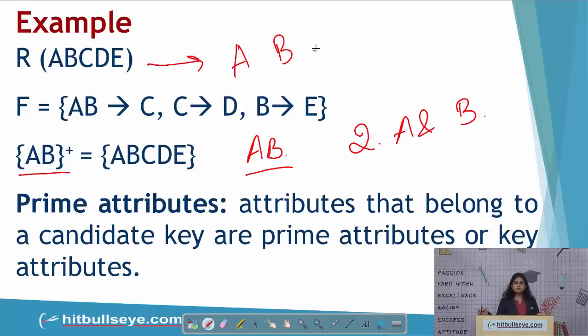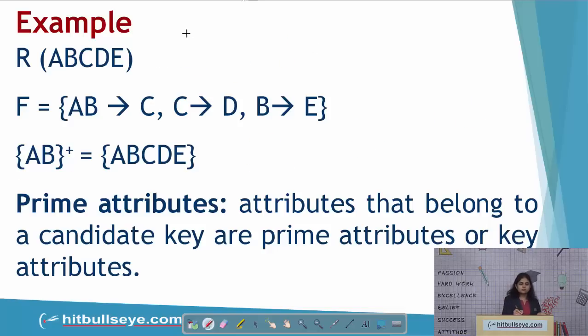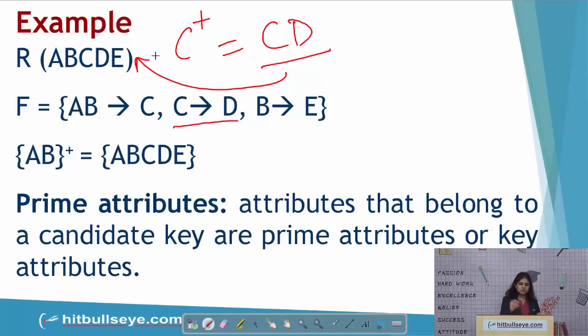It is possible that there can be more candidate keys, which we need to calculate. For example, I take C closure. What does that mean? It will add C, it will add D from this, nothing else. Is CD equal to ABCDE? No. This means C cannot be the candidate key of this relation.